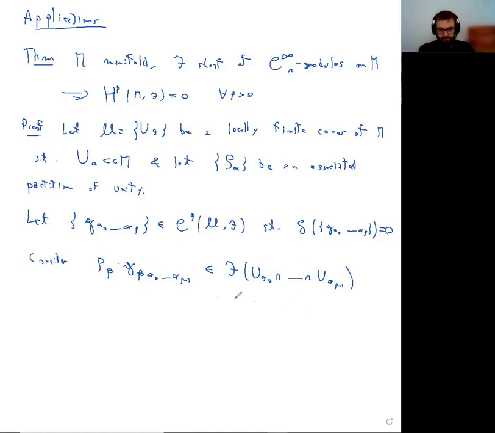In principle, this should be defined also on the intersection with U beta, because this g object is not defined everywhere here. You need to intersect with U beta, but the fact that we put this partition of unity here guarantees that this is well defined, because we just define it to be 0 outside the support of rho beta.